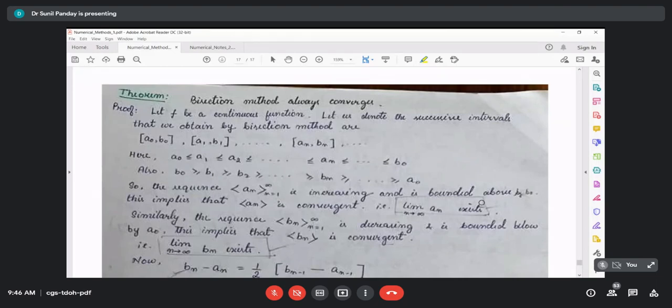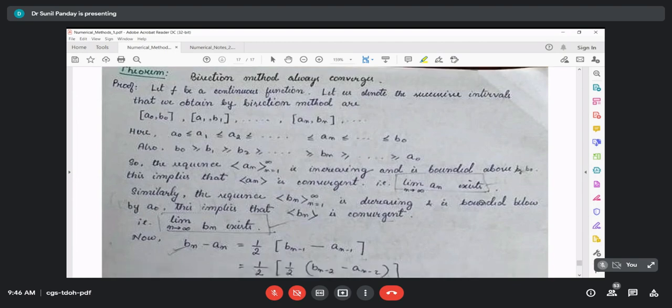But the bisection method and the regula falsi method are both methods that always converge. So you see this theorem: let f be a continuous function, and let us denote the successive intervals that we obtained by the bisection method. If you remember, in the bisection method we have selected a function f x, and we are trying to find some xi such that f of xi equals 0.